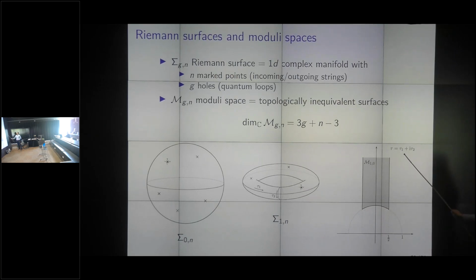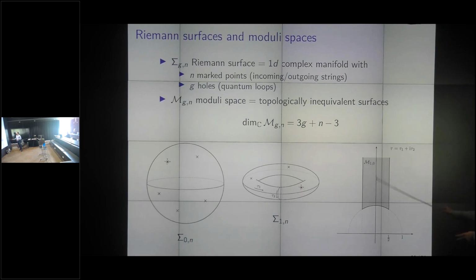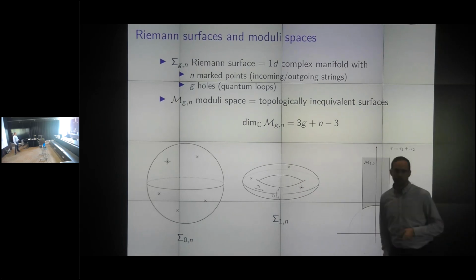Let me write τ as a complex combination, τ1 plus i τ2. The possible values of τ are inside this band here. I don't want to show it, but just to tell you how it looks to have a moduli space. The moduli space of this would be all the possible τ in this space, plus all the possible positions for my marked points.